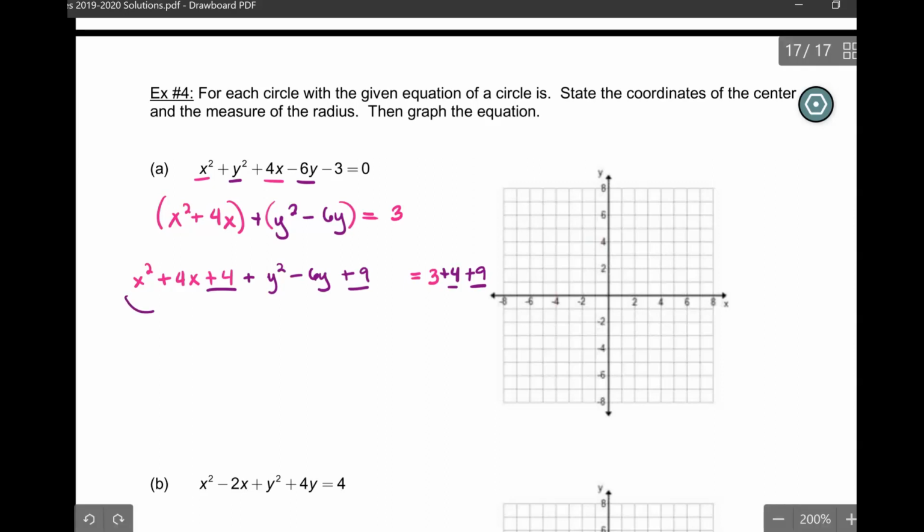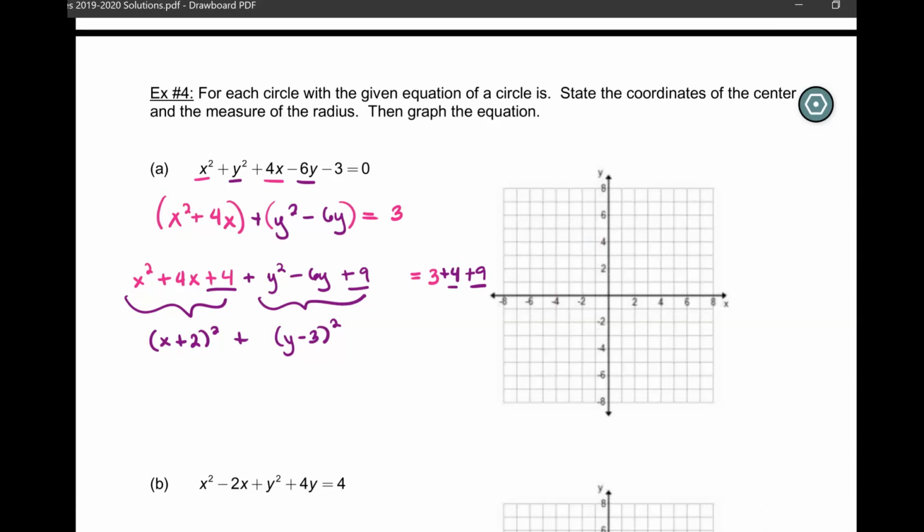Because this is a perfect square trinomial, and this is a perfect square trinomial. So we can put it in the form that we want in order to graph this. So this is x plus 2 times x plus 2, or x plus 2 squared. Plus, this would be y minus 3 times y minus 3, or y minus 3 squared.